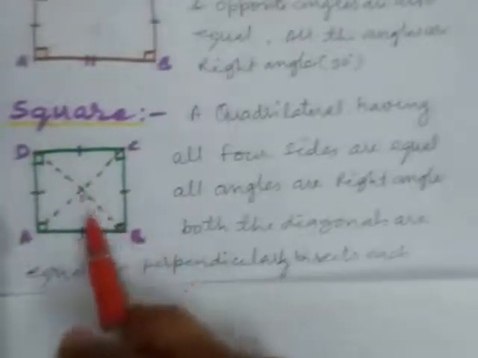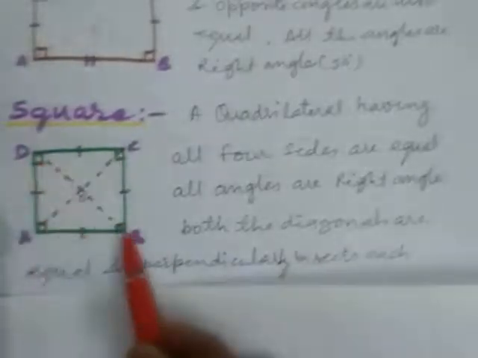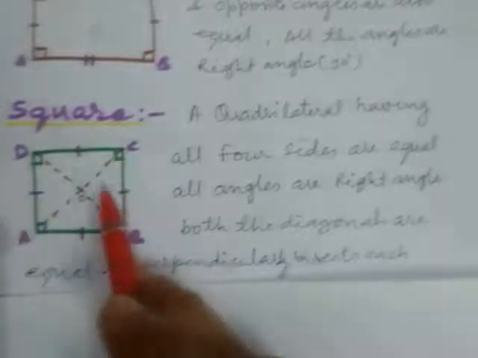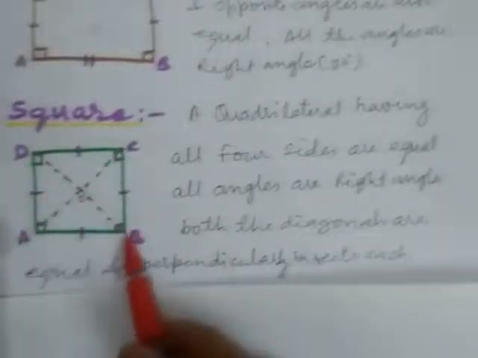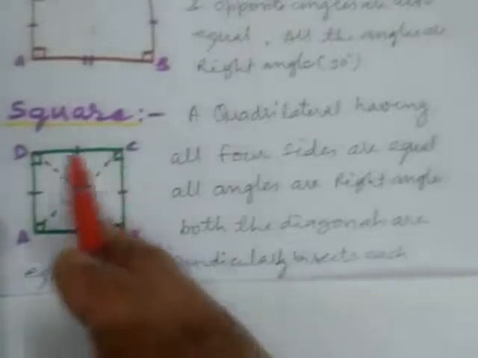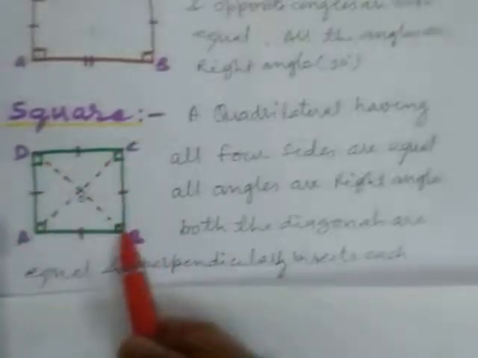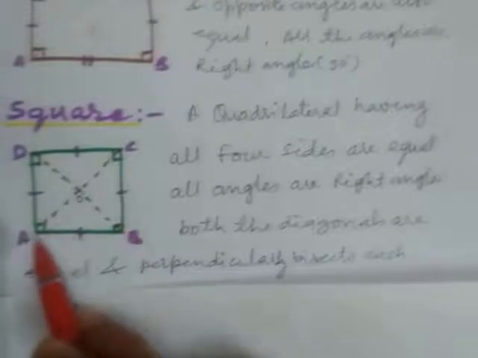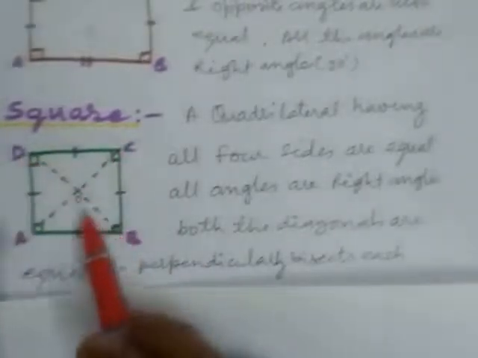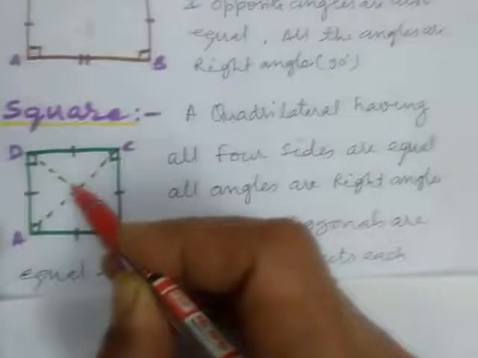All the sides are equal and all the angles are right angles. Opposite sides are equal also, and opposite angles are equal also. But here all four sides are equal, all four angles are also equal, and all are right angles. Both diagonals AC and BD are equal and perpendicularly bisect each other.